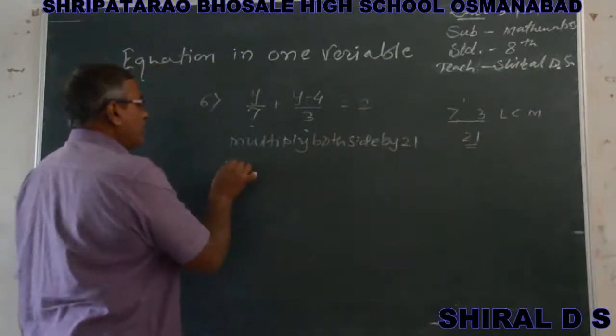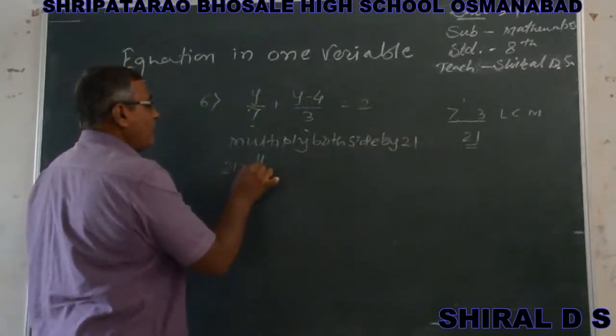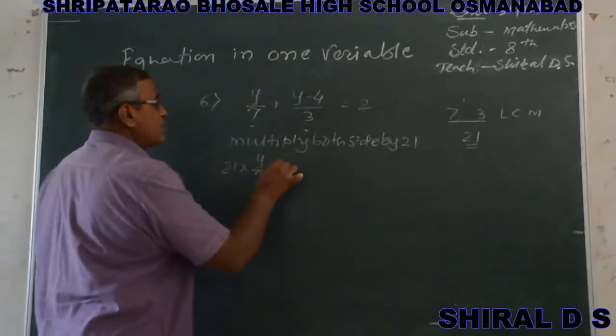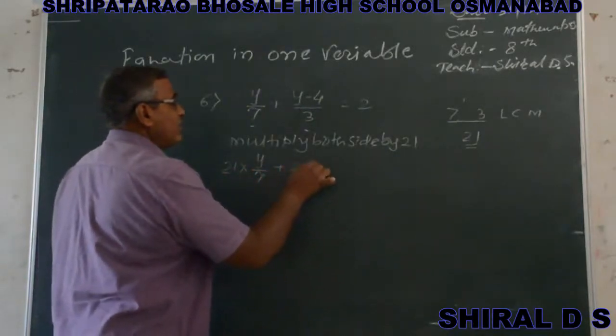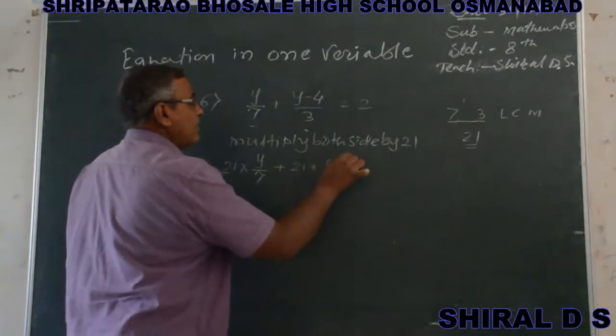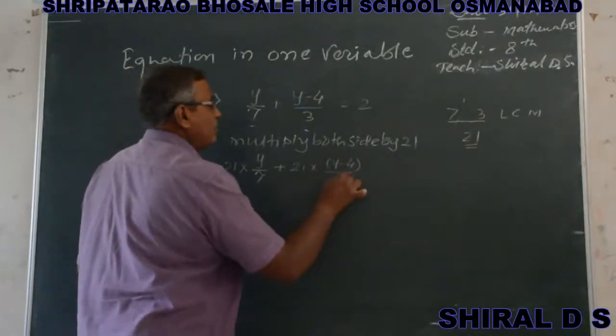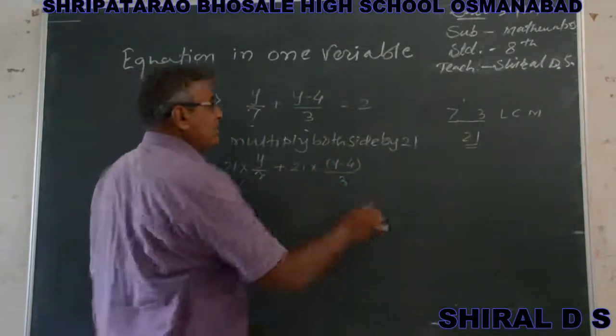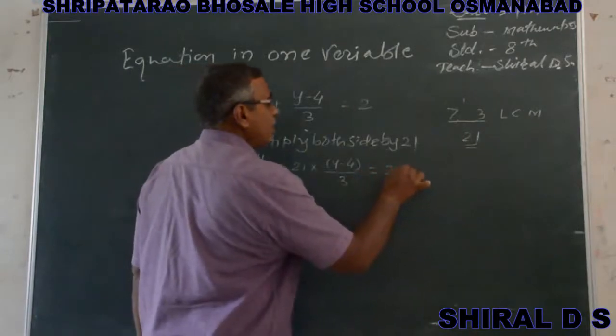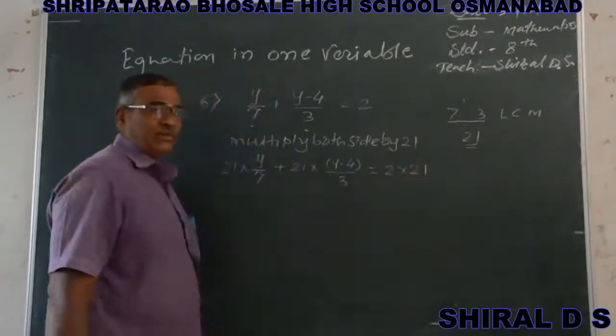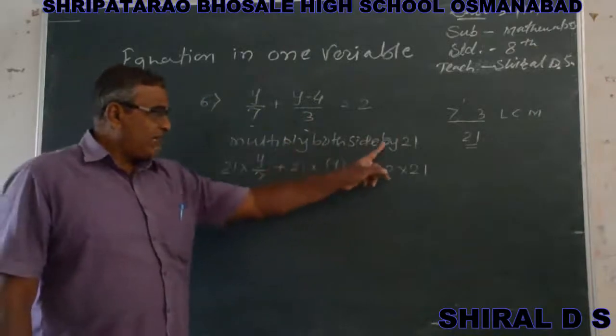Therefore, 21 into y upon 7 plus 21 into (y minus 4) upon 3 is equal to 2 into 21. Multiply both sides by 21.